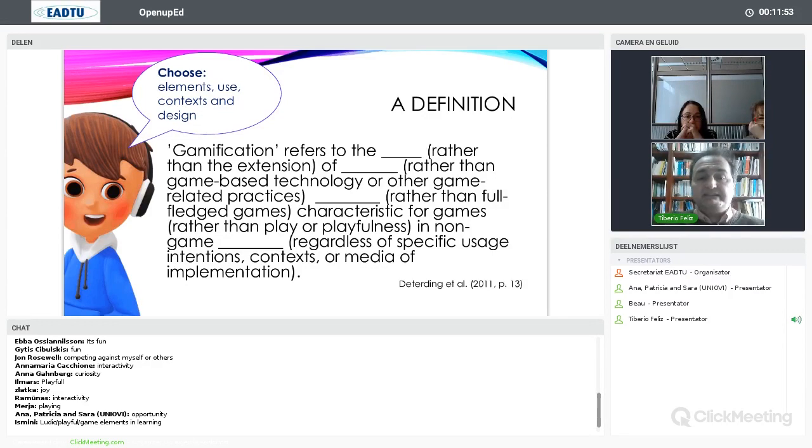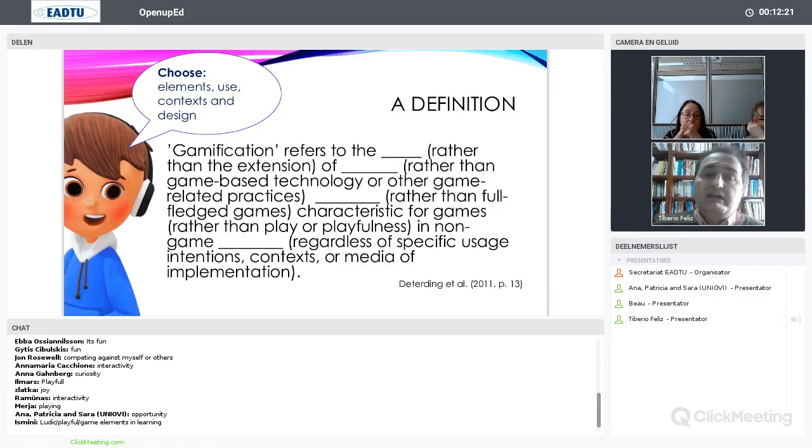It's quite complex, but as there are only 4 words, I think we could solve it. For the first blank, you write 1 word, and with your suggestions we are evaluating whether it is right or not.